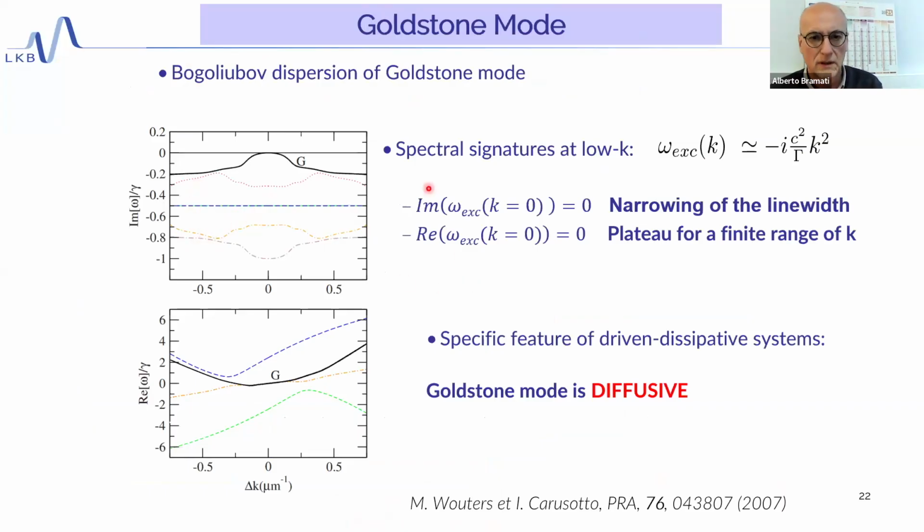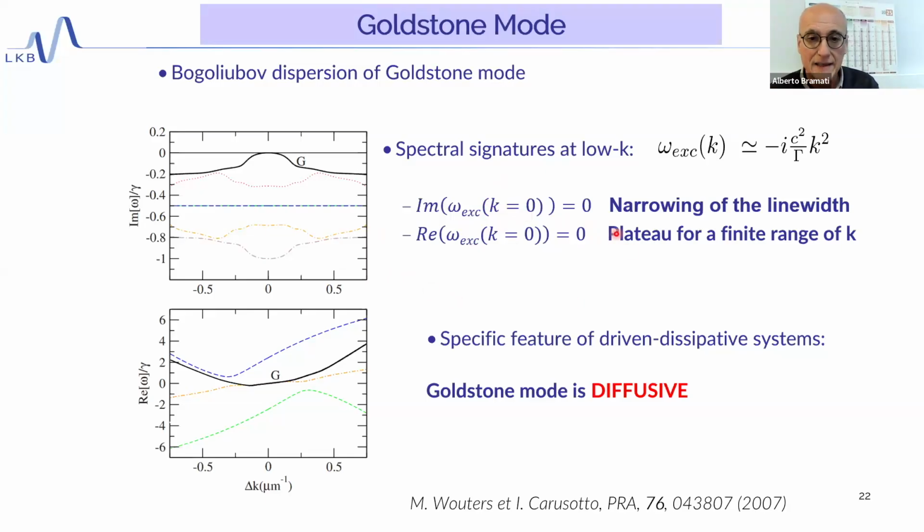And what the theory predicts is that the Bogoliubov dispersion of the Goldstone mode should exhibit an imaginary part which goes to zero for wave vector k equals 0. So this means that we should observe a very strong narrowing of the linewidth of the emission, because the imaginary part of the dispersion is linked to the linewidth of the polariton mode.